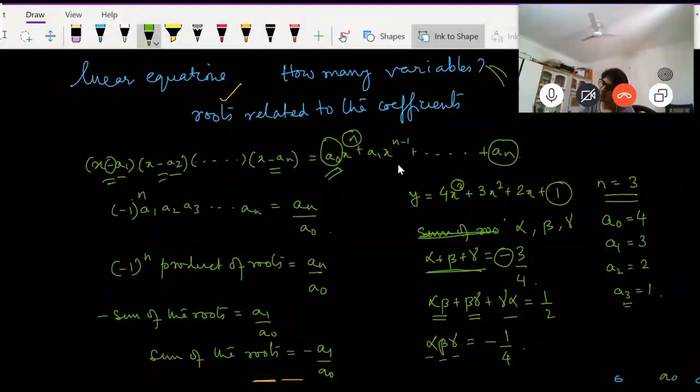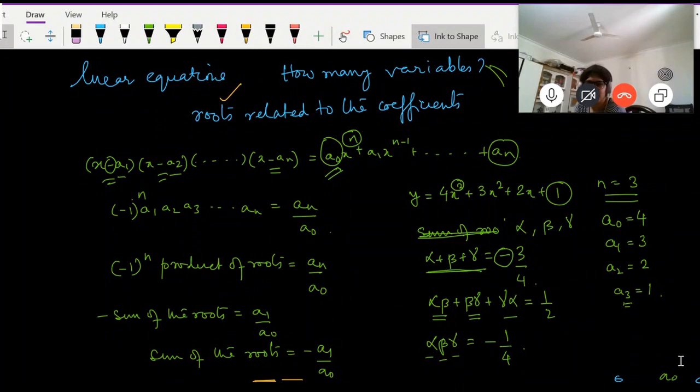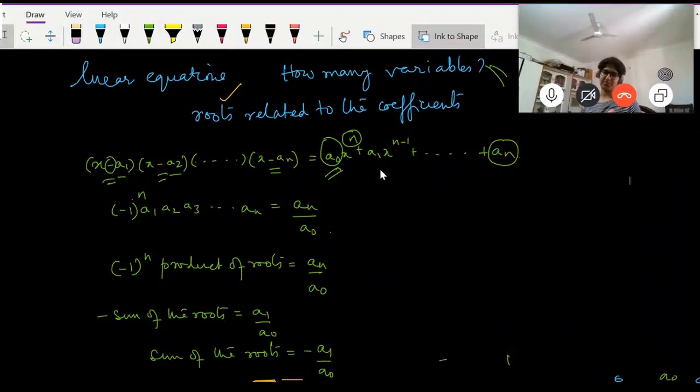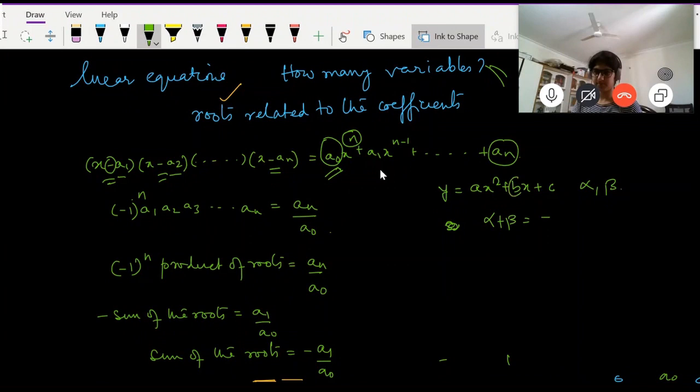Now just to make it simple, let me tell you one very simple thing to remember. If you have a quadratic equation, ax square plus bx plus c, and the roots are alpha and beta, then alpha plus beta will be minus the coefficient of x divided by the coefficient of x square, minus b by a, right?